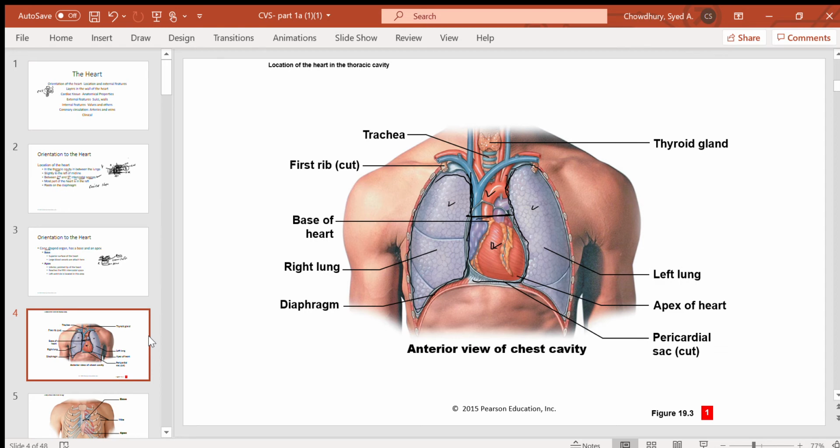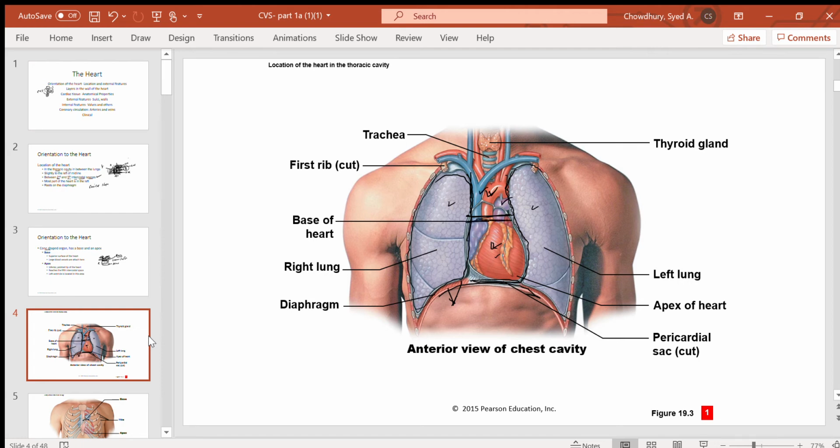So heart is located in the lower mediastinum, attached to the diaphragm. This is the diaphragm, this is a muscle, and heart is just sitting on it. And upper mediastinum has those large blood vessels.